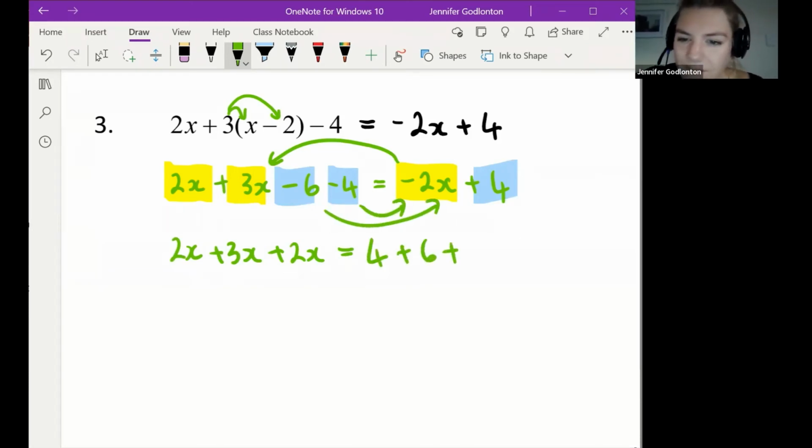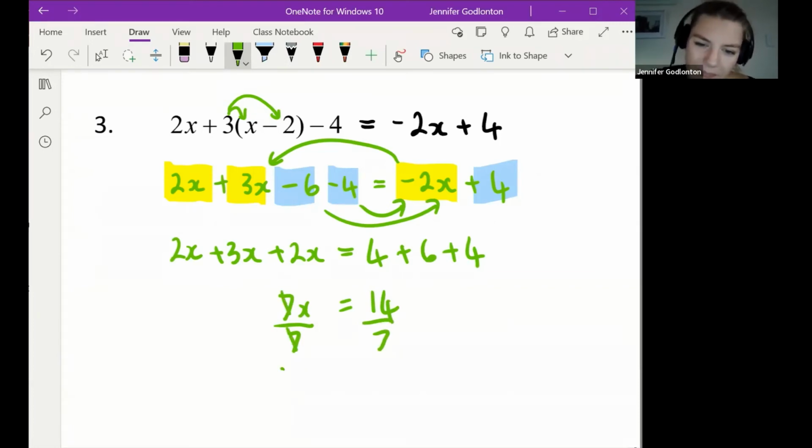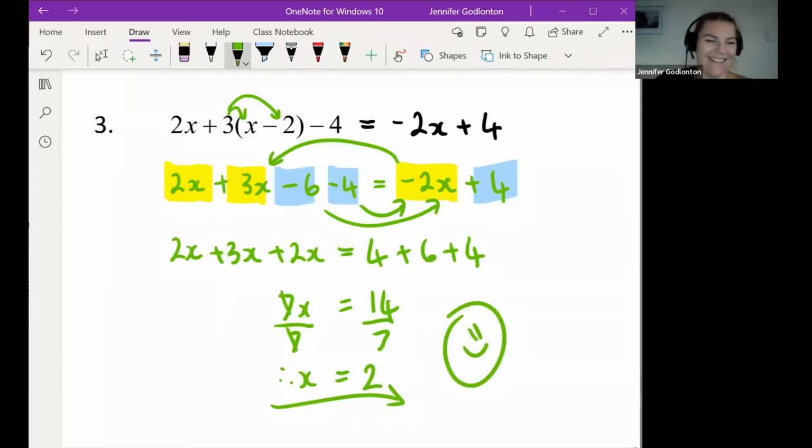Good. So, ma'am, it's going to be 7x equals 14. Beautiful. Then you're going to divide by 7 on both sides. And then since the 7s cancel out each other, only x is going to be left. And 14 divided by 7 is 2. Yay! Well done. Oh, beautifully done.